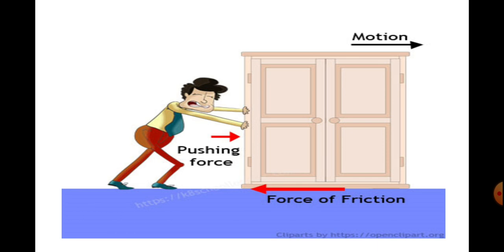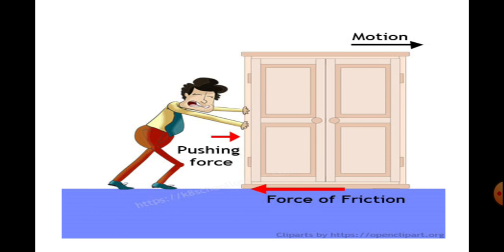So this force which opposes the motion of the ball and the motion of the box on the ground is known as friction. So again we can define friction, or the force of friction, as the force which always opposes the motion of one object over another object in contact with it.